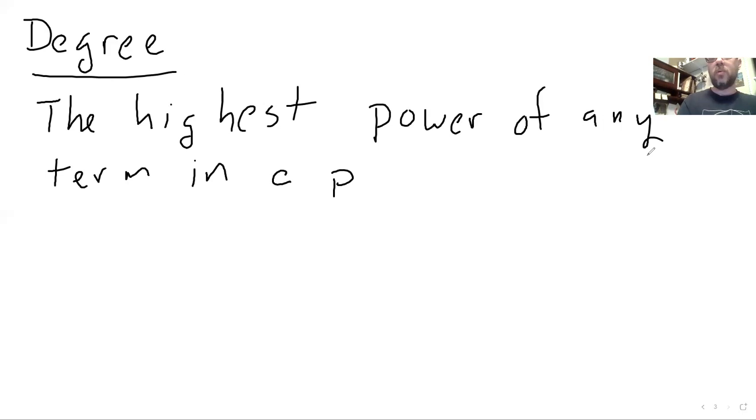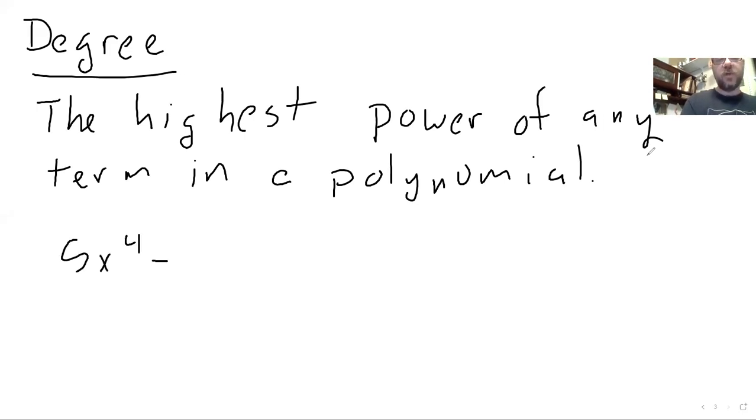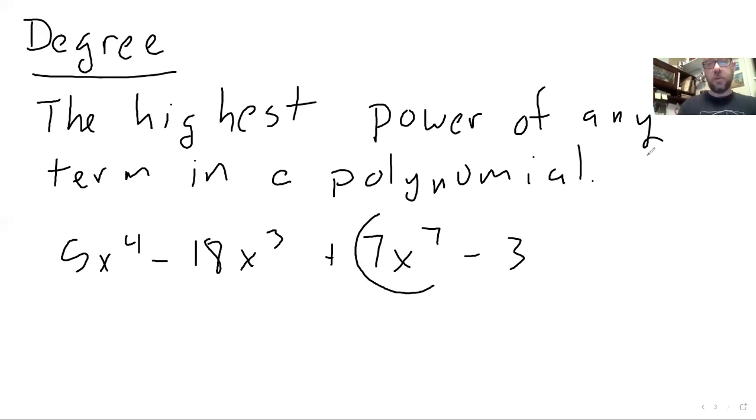So for instance, 5x to the fourth minus 18x to the third plus 7x to the seventh minus 3. So the degree of this polynomial is 7 because the highest power term has a 7th power. So degree 7.